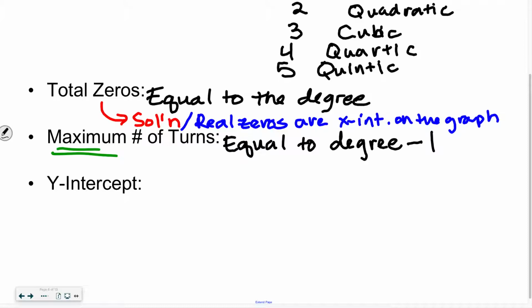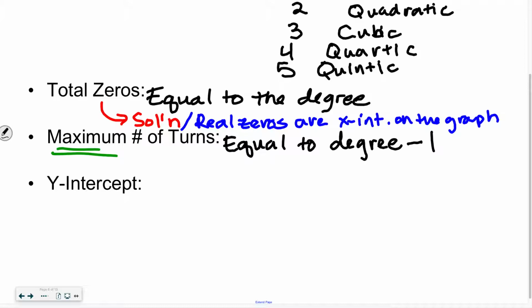Okay, and then the last thing on this one is the y-intercept. Let's just take a moment to think outside of this whole polynomial stuff. Just think about y-intercepts in general. Where are the y-intercepts on a graph? On the y-axis. What's special about all the points on the y-axis if you look at their ordered pairs?